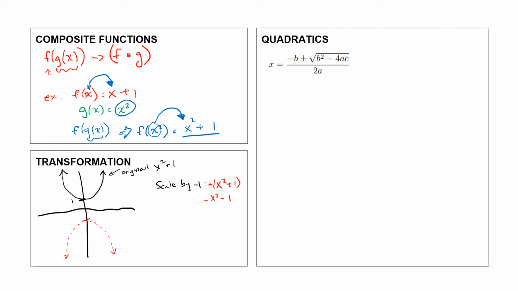We can also translate up or down, simply by modifying this number. So instead of x squared plus 1, we can say x squared plus 2. What happens there? All that does is it moves our y-intercept to 2.